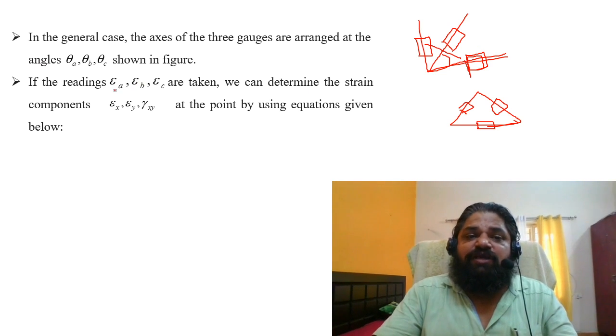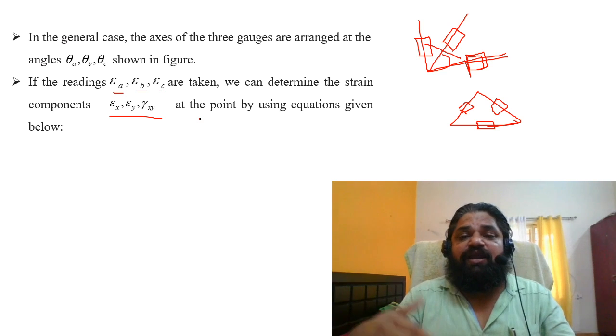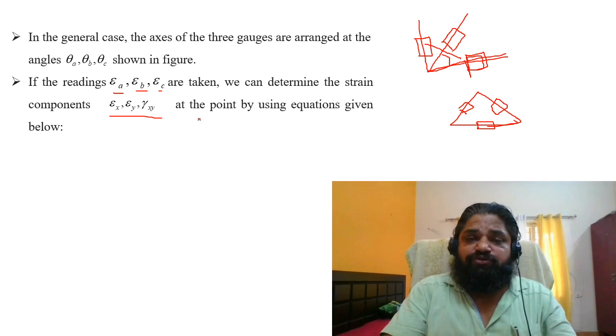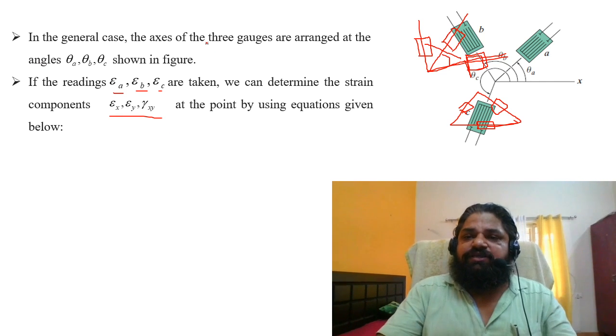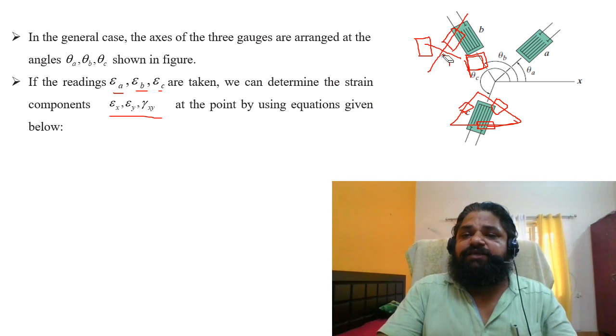Once I know the readings of epsilon A, B and C, we can determine the strain components epsilon x and epsilon y, because we know epsilon xx prime and epsilon yy prime, how we have written in terms of theta. If I know theta, I can get the sine theta and the cos theta, and I can calculate the values, like I have just shown. These values are representing what I just said.